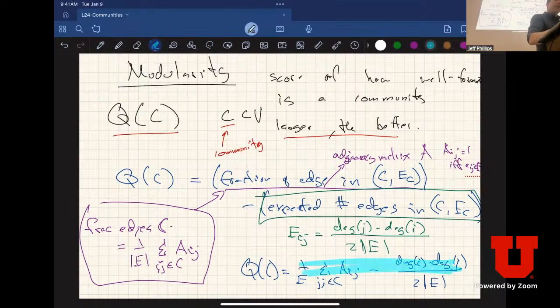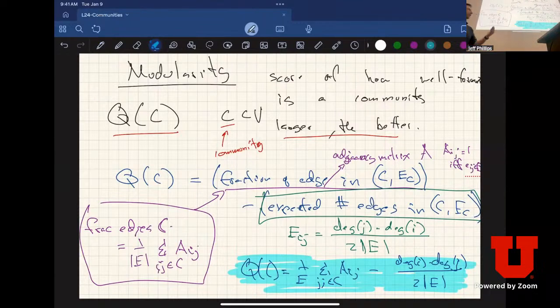You can write this down as a probabilistic model where the fraction of edges I expect on the overall graph follows this random graph model. So the probability of an edge is proportional to the product of the degrees of the two vertices, assuming I'm given that. That would be this. And my actual observation is the actual number of edges inside of this community.